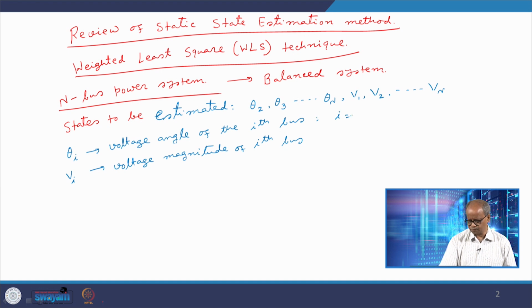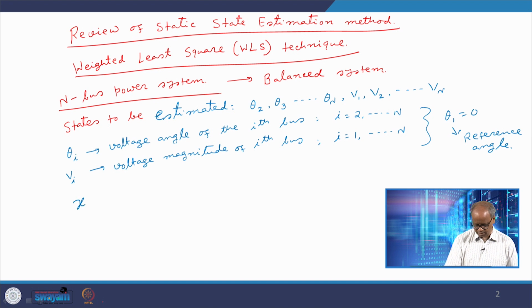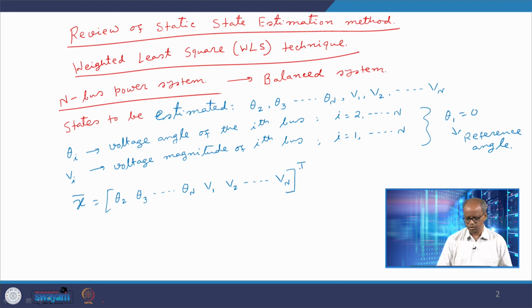Here i varies from 2 to n for the angles, and from 1 to n for the magnitudes. The reason is that we take theta 1 to be 0, which is the reference angle. So, we put them in a vector x, that is theta 2, theta 3 dot dot dot theta n, and then V 1, V 2 dot dot dot V n, transpose. Of course, this is a 2n minus 1 cross 1 vector.